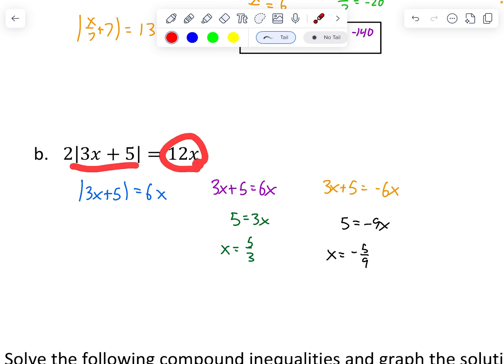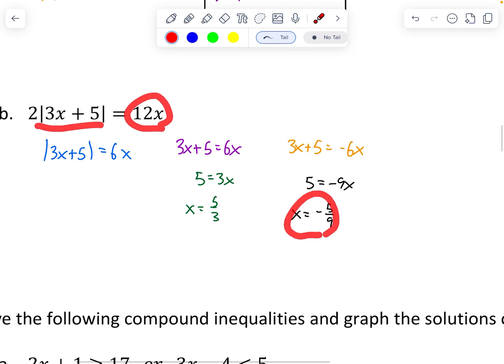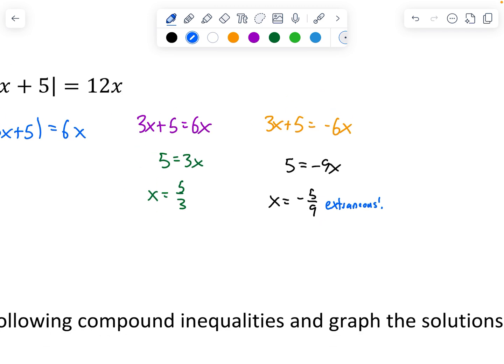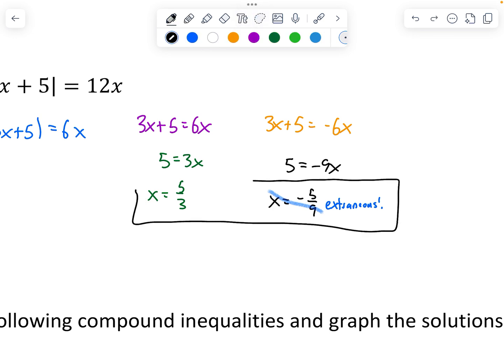So you'll have a positive equals a negative, which means this answer can't actually work, and therefore it's extraneous. Extraneous. So that one doesn't actually work at all. Cross that one out. But I do want to see that as a solution that you found and that you check to see if it's extraneous.